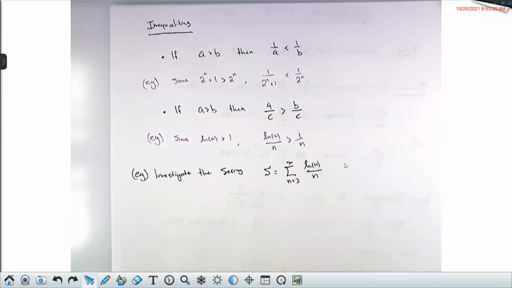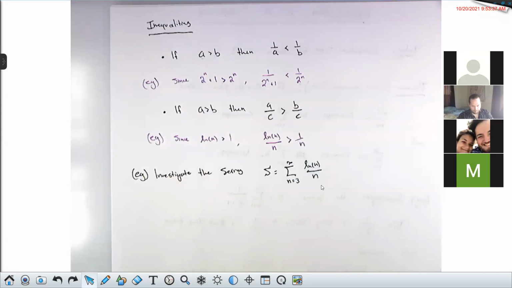So first off, what do we think is true about this series? Does this guy converge or diverge? Let's just work on building our intuition. Between the natural log of n and n itself, which one do you think is more significant to the convergence?